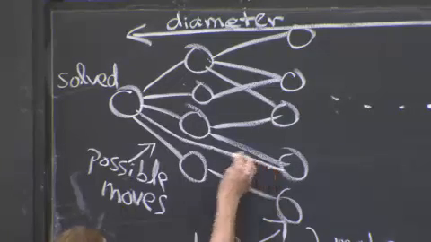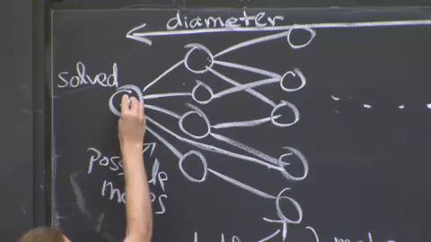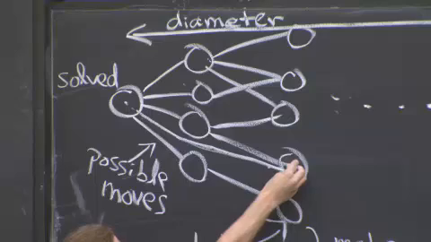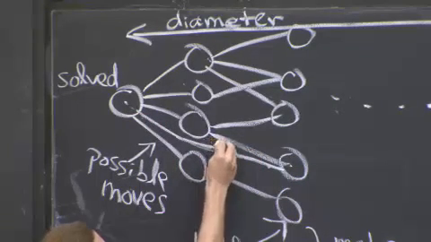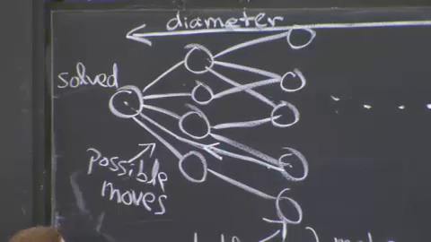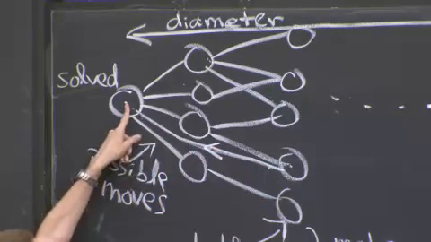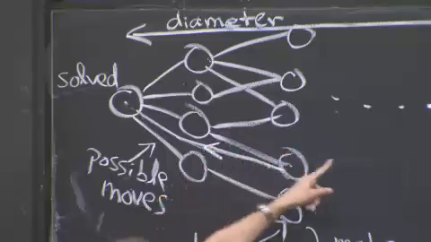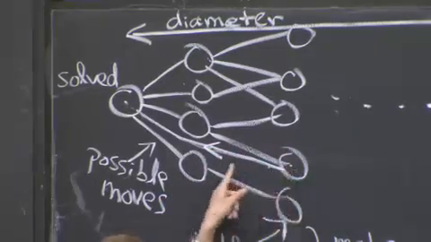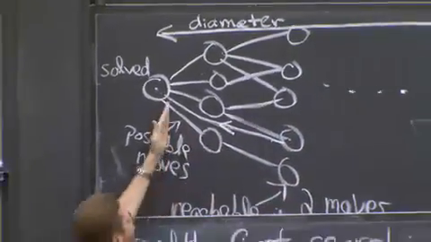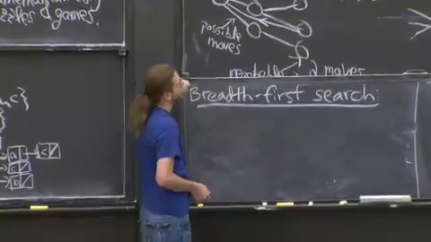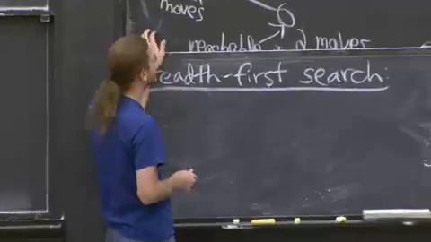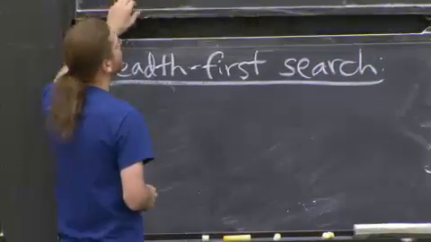Because if that edge existed, then from this node, you'd be able to get here. So in an undirected graph, that can't happen. In a directed graph, you could conceivably have a back edge like that. You have to realize, oh, that's a vertex I've already seen. I don't want to put it here, even though it's something I can reach from this node, because I've already been there. So you've got to worry about things like that. Yeah, that's, I guess, the main thing to worry about.